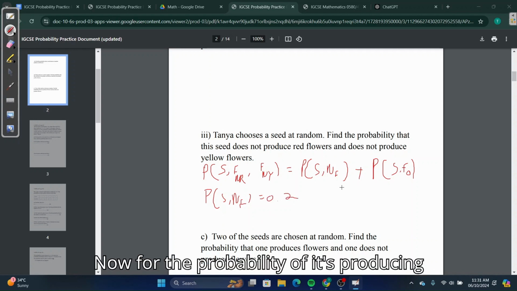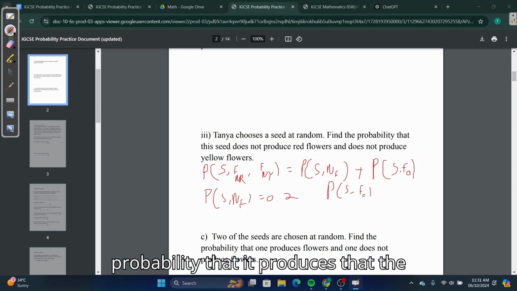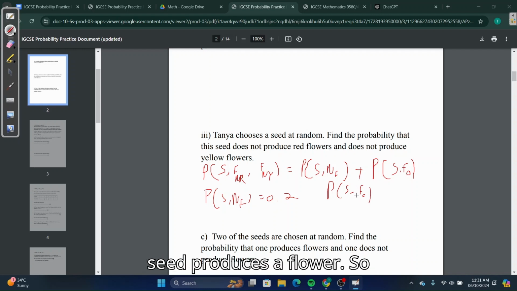Now, the probability of it producing a flower of another color, P of S, O, is equal to the probability that the seed produces a flower, so 0.8, multiplied by 0.1. 0.8 multiplied by 0.1 is 0.08.